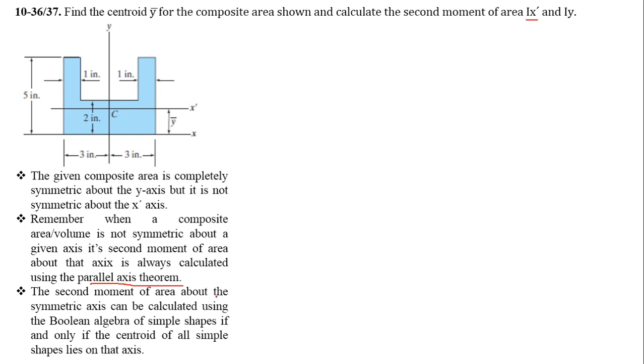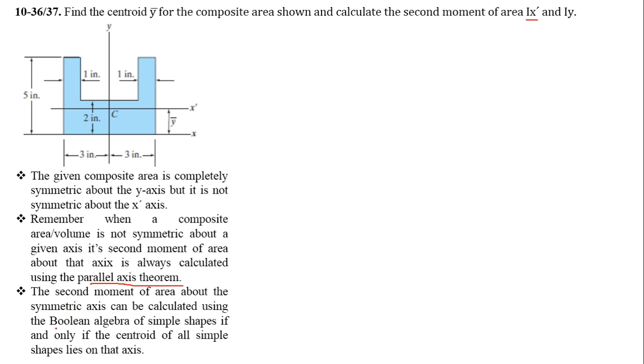However, the second moment of area about the symmetric axis can be calculated using the Boolean algebra of simple shapes, if and only if the centroid of all simple shapes lies on that axis. For example, this given cross-sectional area is symmetric about the y-axis.